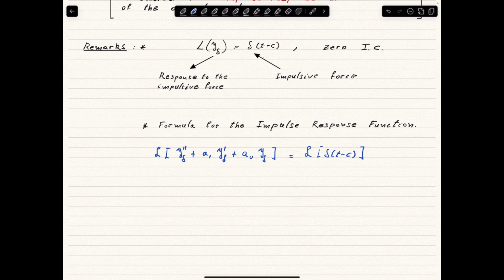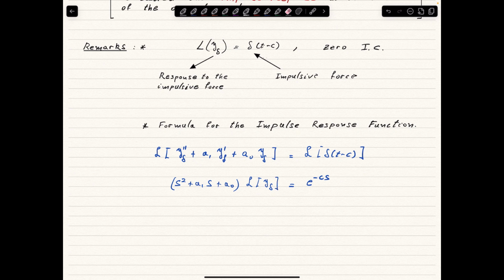But we have a formula for this right-hand side, which is exponential negative cs. And because we have 0 initial conditions, what we have on the other side is nothing more than s squared plus a1 s plus a0, all multiplied by the Laplace transform of the function we are looking for.